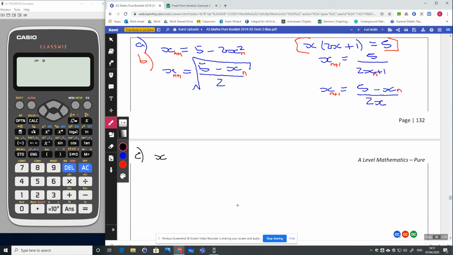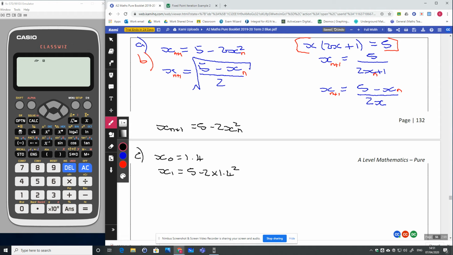So I'm going to let my starting point be 1.4, and I'm going to look at, for this one, we'll do number 1. So we'll look at x of n plus 1 equals 5 minus 2x squared of n. Okay, so what that means is when n is equal to 0, that will be equal to 1. So to get x1, all you're doing is doing 5 minus 2 times 1.4 squared.